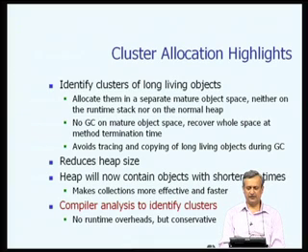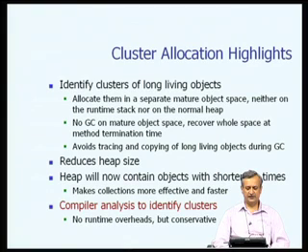Let us look at some highlights of our scheme. Identify clusters of long living objects. This identification is basically done using compiler analysis. Allocate clusters in a separate mature object space, that is what we call it, neither on the runtime stack nor on the normal heap, it is a separate area.